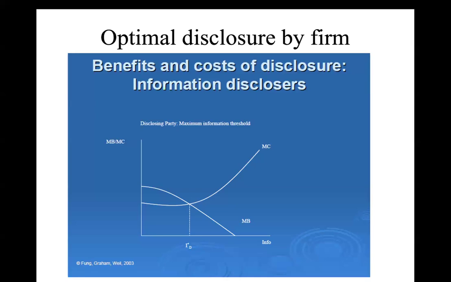And so when we look at this graphically, we could basically say, hey, listen, a firm will choose to disclose where the marginal benefit of disclosure equals the marginal cost, right? That is the ideal level of disclosure, even though there may be additional benefits from additional disclosure, right?